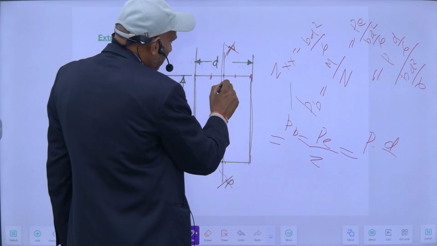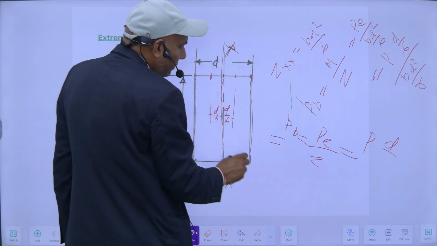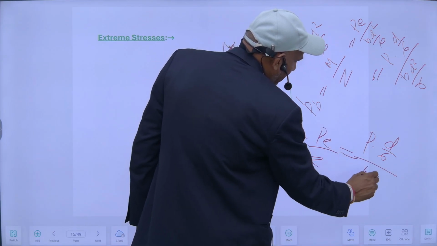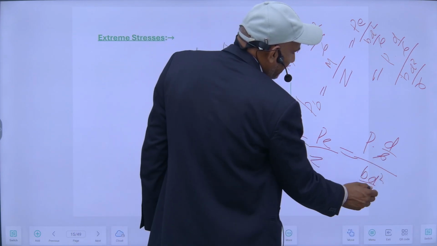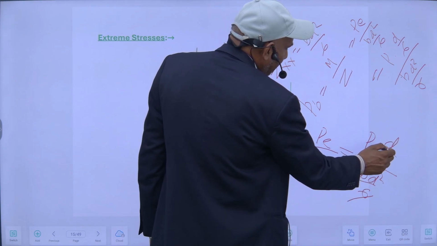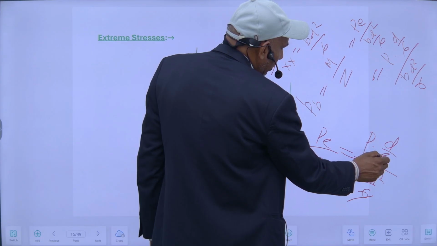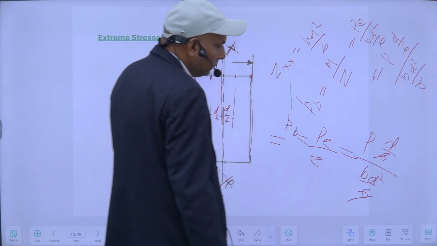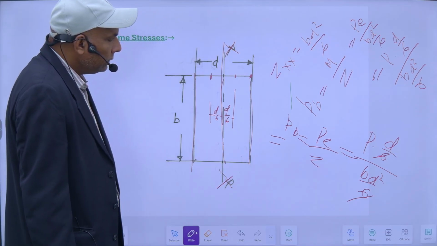If I put the value of E here, and Z is equal to BD square by 6, so this 6 and 6 will cancel each other, and this will be upon BD.